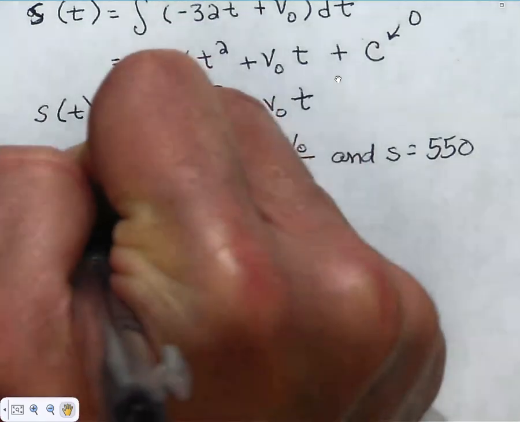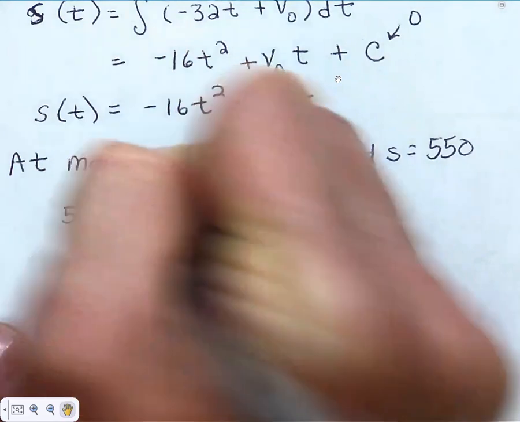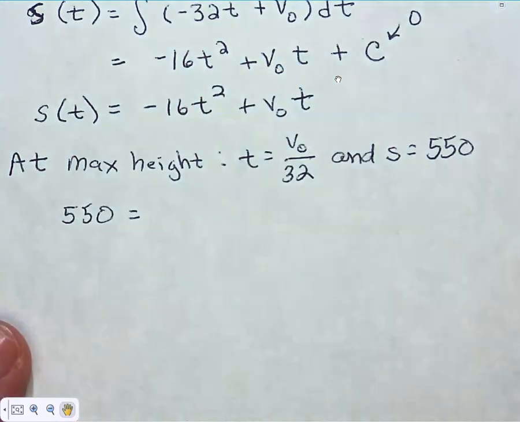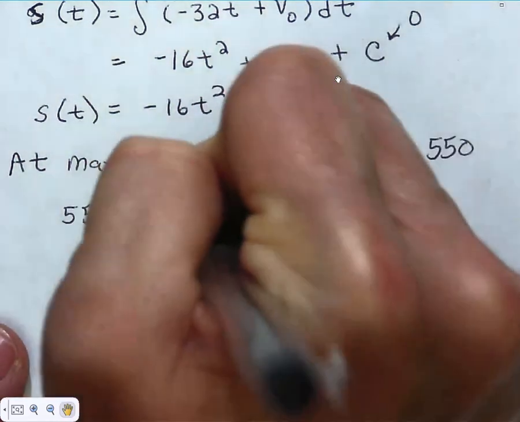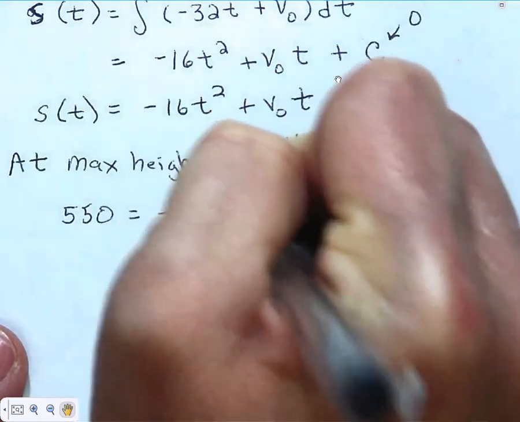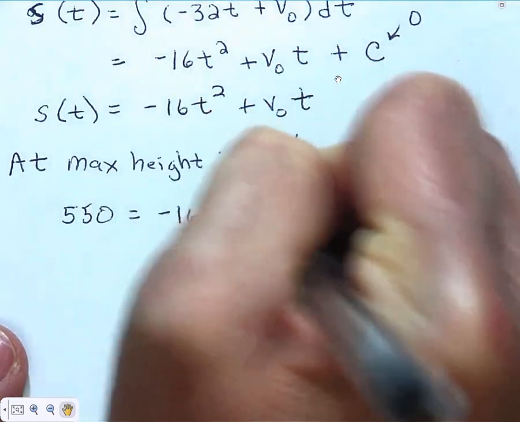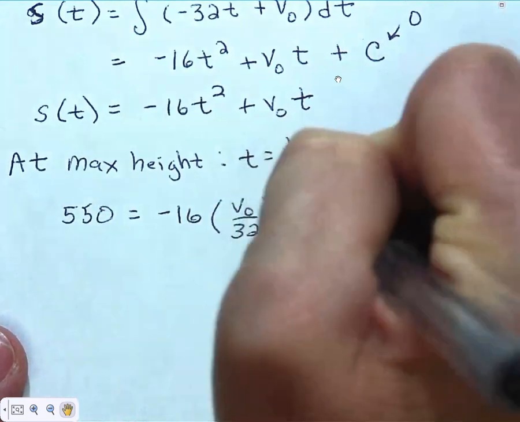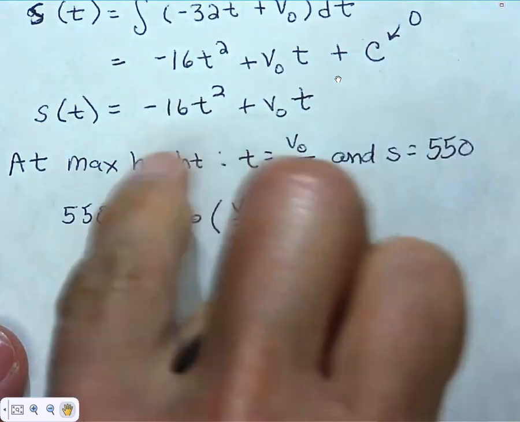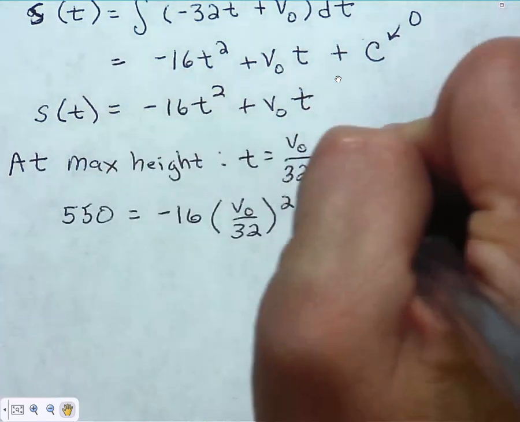We put 550 in place of position, and v sub 0 over 32 in place of both of the t's.